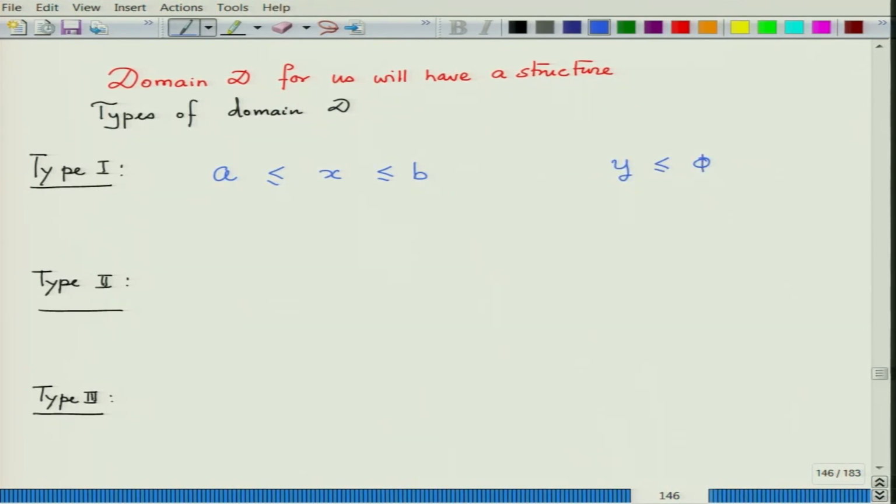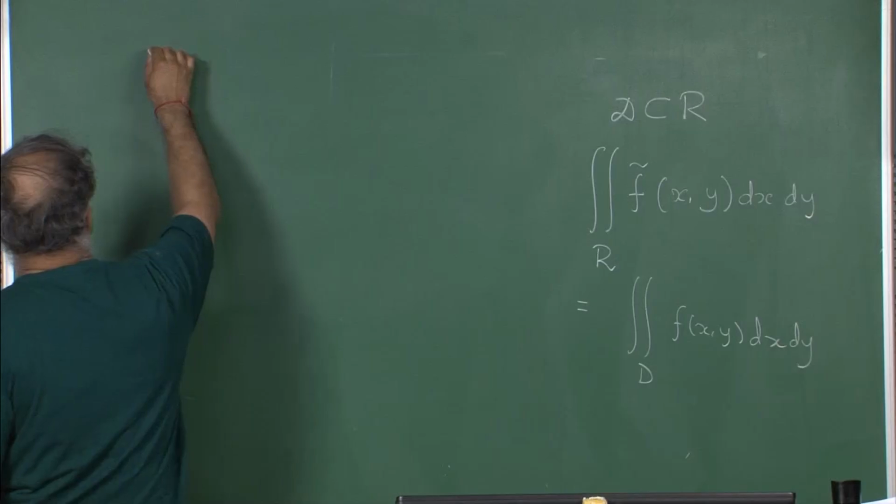Y lies between phi 1x and phi 2x. So, let us draw what this domain D means in this particular setting. This type 1 domain, what does this type 1 domain actually mean?